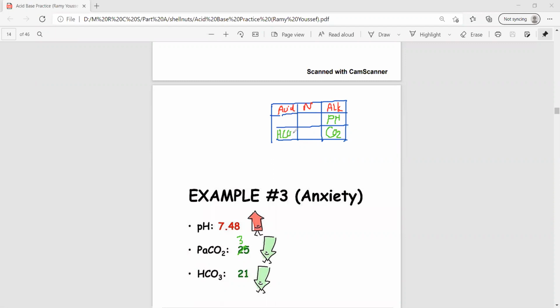So you've got partially compensated respiratory alkalosis. I say this is alkalosis, and this is respiratory because of the CO2, and there is some sort of compensation here, and it is partial because the pH is still abnormal.